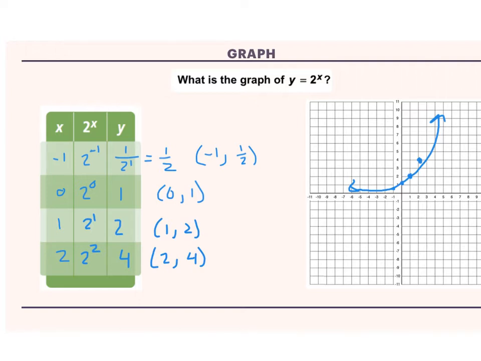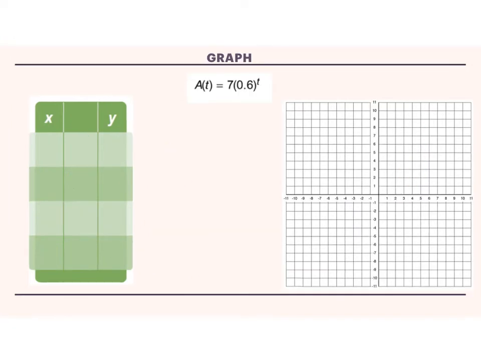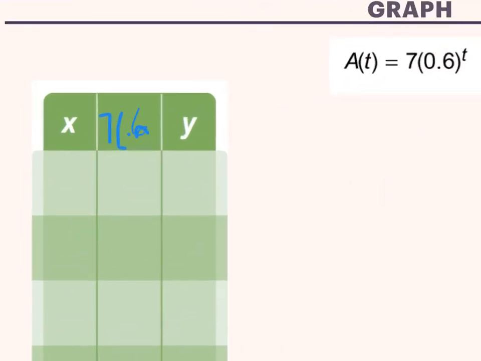So we have an exponential growth graph. Our next graph, we have 7 times 0.6 raised to the t. So in here we have 7 times 0.6 raised to the t, raised to the x.